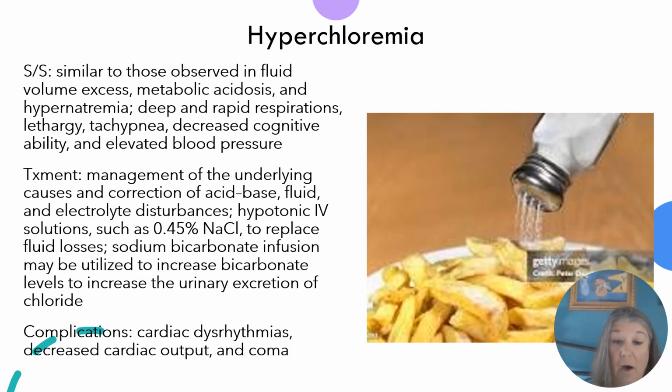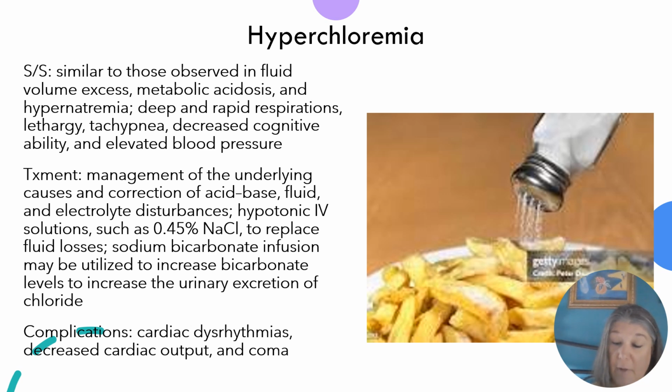Hyperchloremia. Also, again, similar to hypernatremia, almost exactly the same. A salt is a salt, right? So similar to those observed in fluid volume excess, metabolic acidosis, hypernatremia: deep and rapid respirations, lethargy, tachypnea, decreased cognitive ability, and potentially elevated blood pressure.